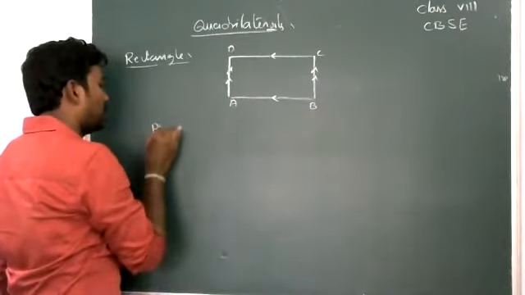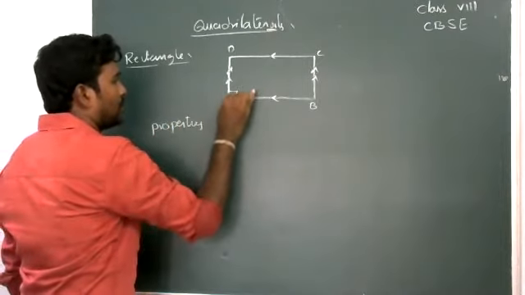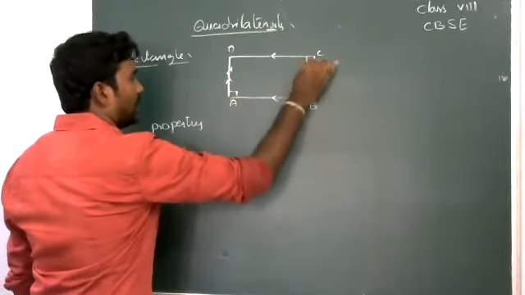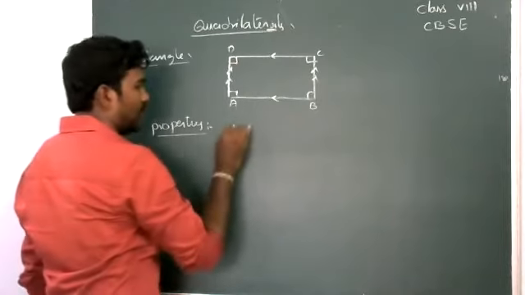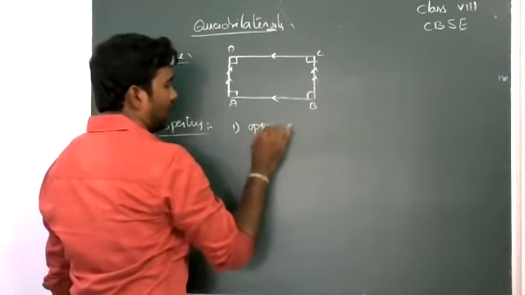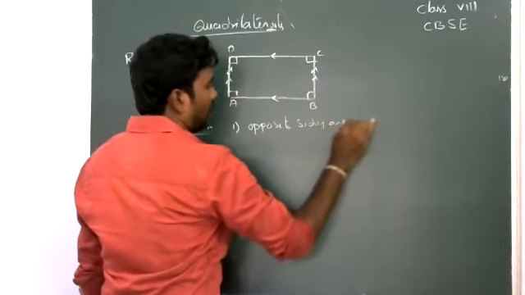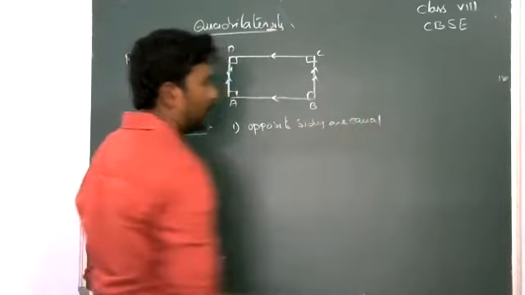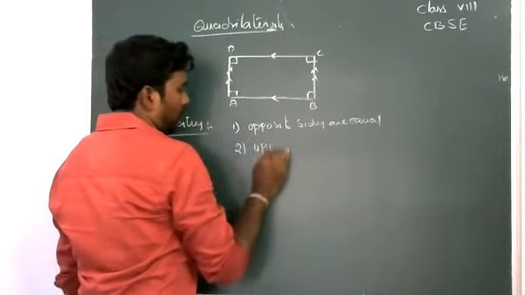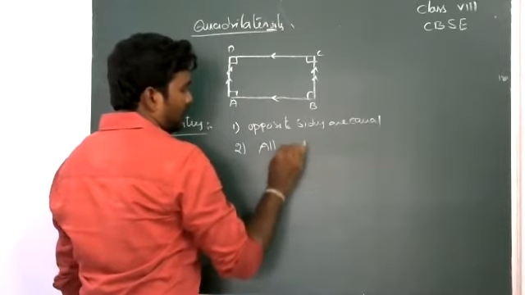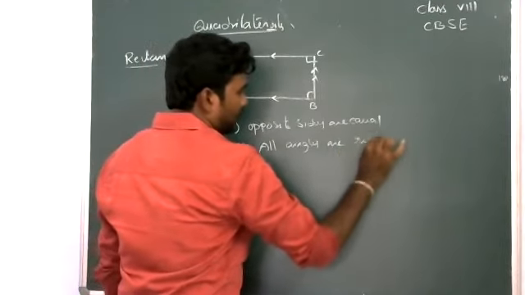It comes to the properties you know very well. This one is a rectangle. Each angle is 90 degrees. What are the properties of a rectangle? The first one is opposite sides are equal. The second one, all angles are right angles.